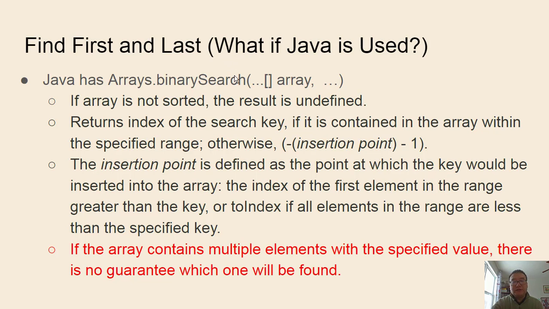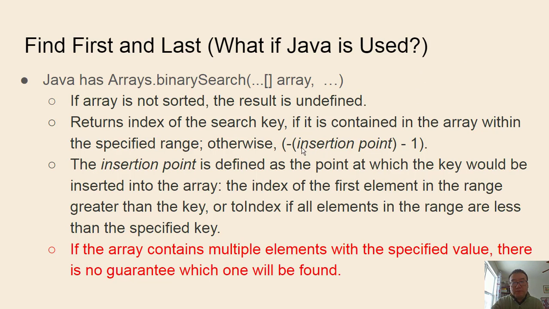Let's say we have 1, 5, 10 in the array and we are searching for 7. Then the insertion point will be where the 10 is, after the 5, because it's between 5 and 10.